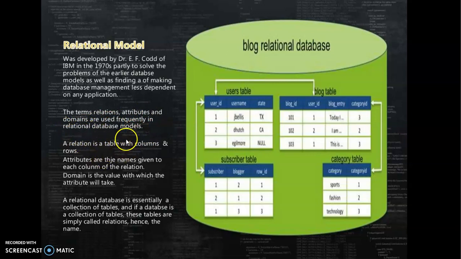A relation is a table with columns and rows. Attributes are the names given to each column of the relation, and a domain is the set of values which an attribute can take. A relational database is essentially a collection of tables, and so it is simply called relational.